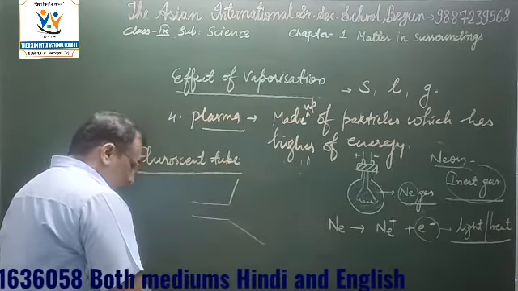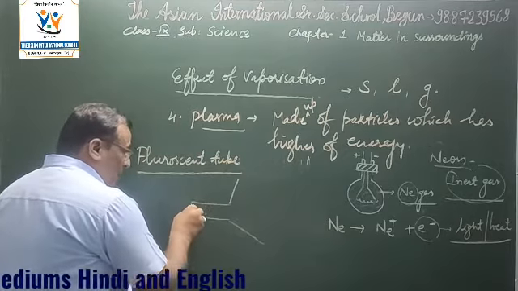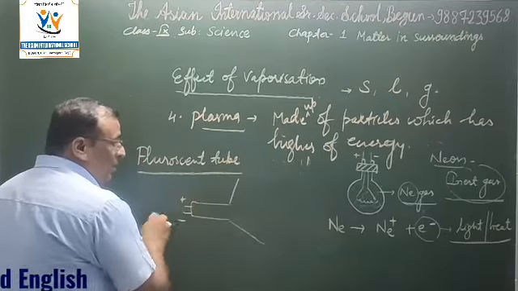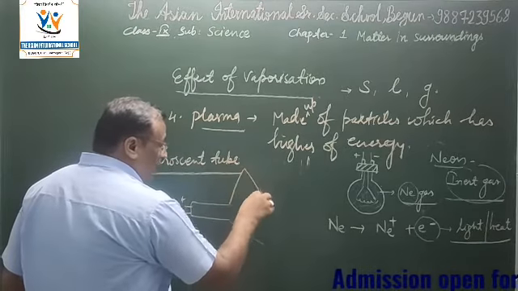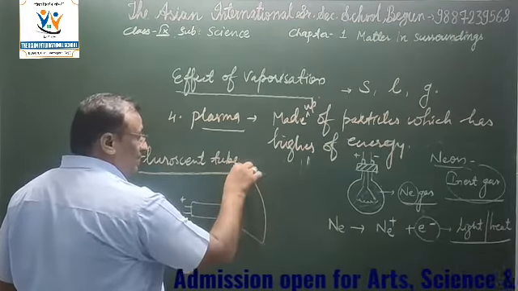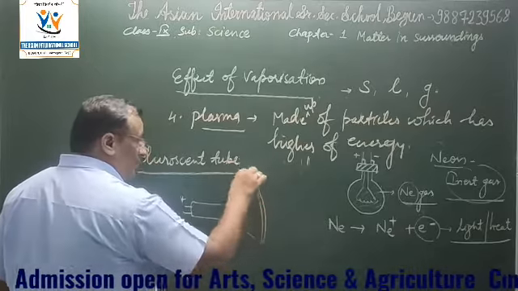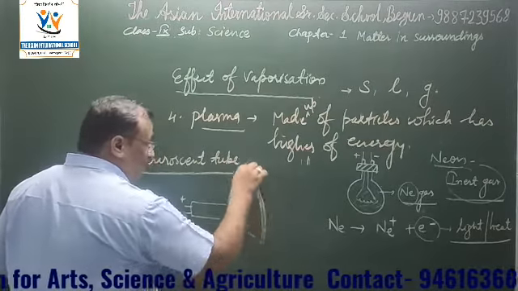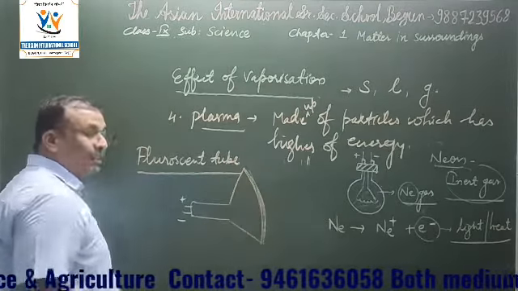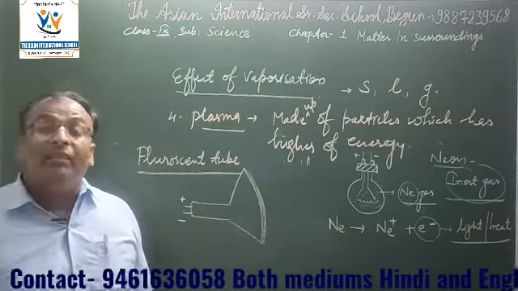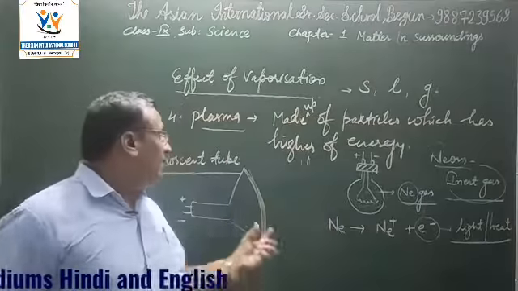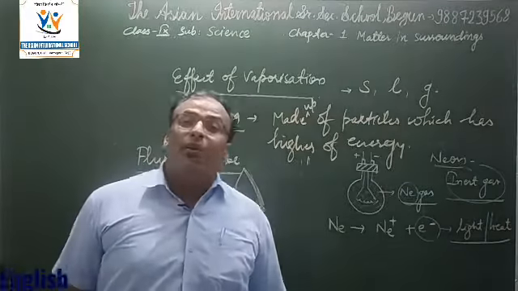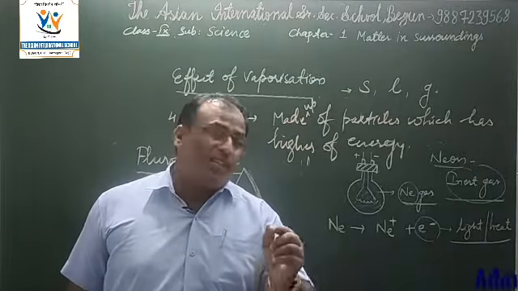There are these portions, this is the positive terminal and the negative, and these portions hold this type of structure. You have seen this type of tube in televisions also. If you have seen a television opened, you observe this type of tube. This is called a fluorescent tube.